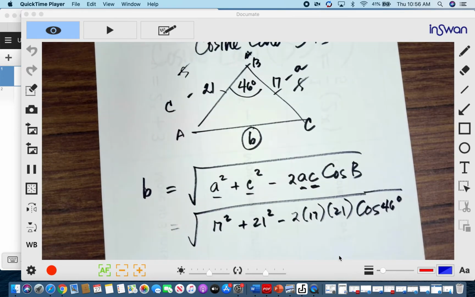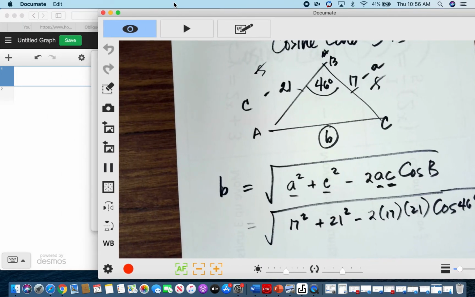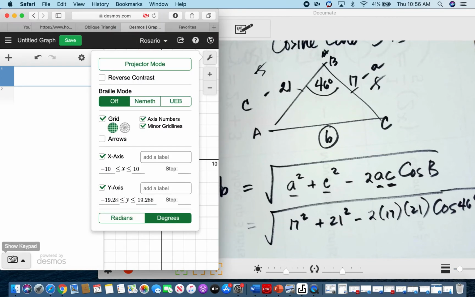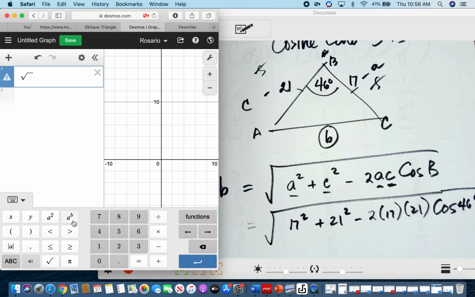Okay, now all we have to do is to find the value using the calculator. So just make sure that it's in degree mode, press square root. You can do it simultaneously: 17 squared plus 21 squared minus 2 times 17.